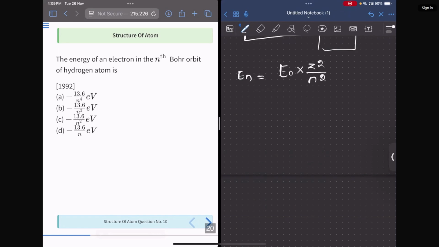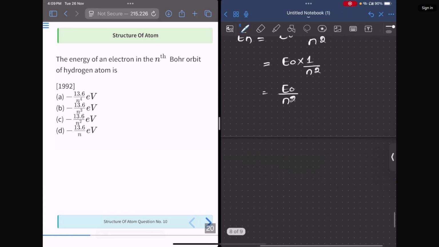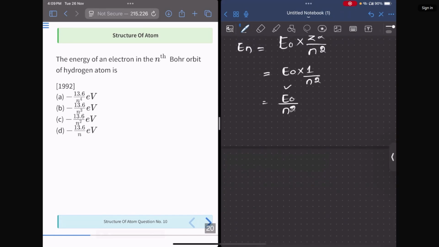For hydrogen atom, Z is 1, so E naught divided by n square. E naught means the energy of the first orbit, or you can write E1, which is equal to minus 13.6 electron volt.